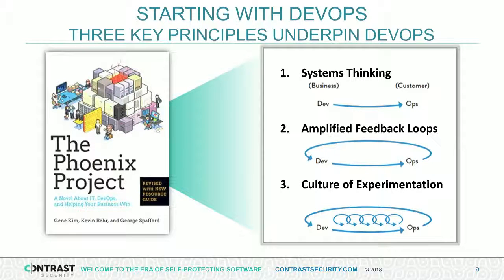The second principle is about creating a right-to-left feedback loop, with rapid and amplified feedback, with a goal to have shorter and quicker feedback so corrections can continuously be made before it reaches a production environment.